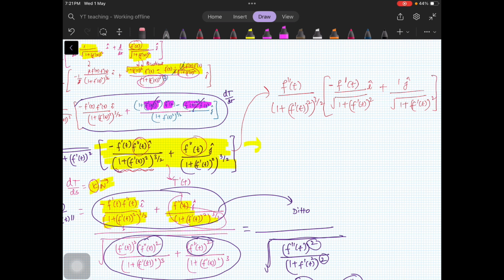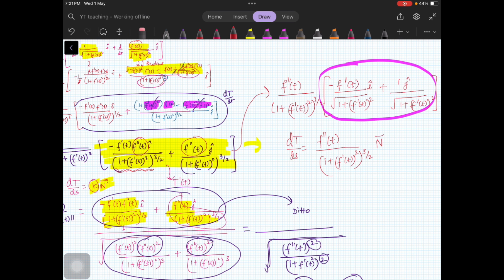Now, look at this quantity here, this is nothing but your n vector. So, you get that dt by ds equal to f double prime t upon 1 plus f prime t square raised to power 3 by 2 times n vector.